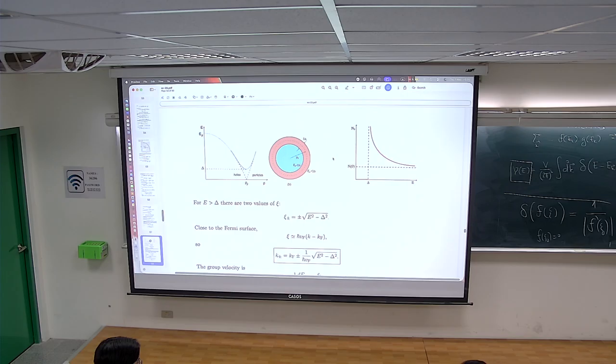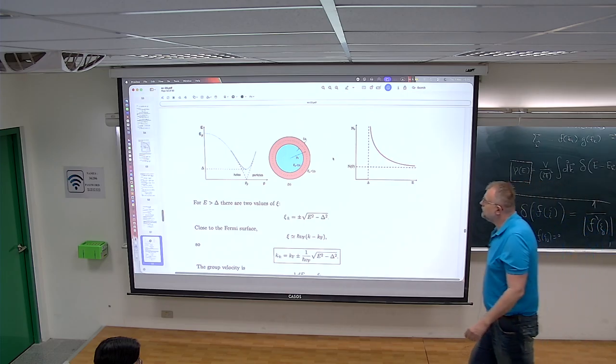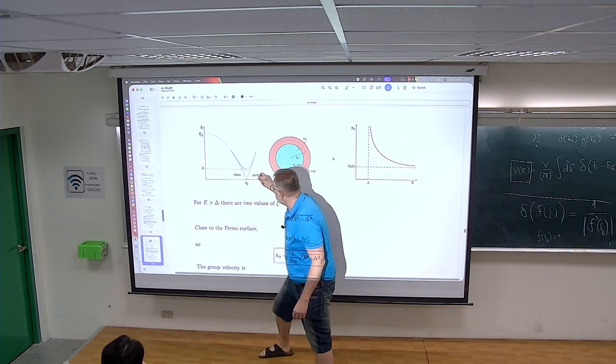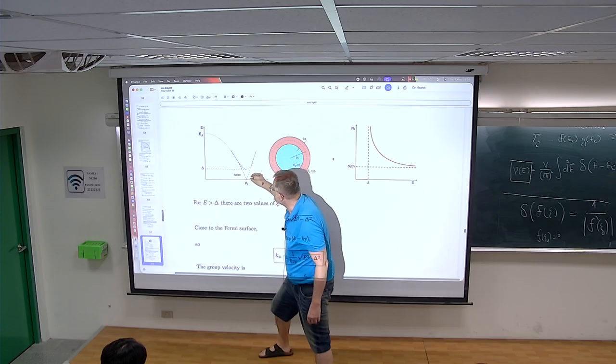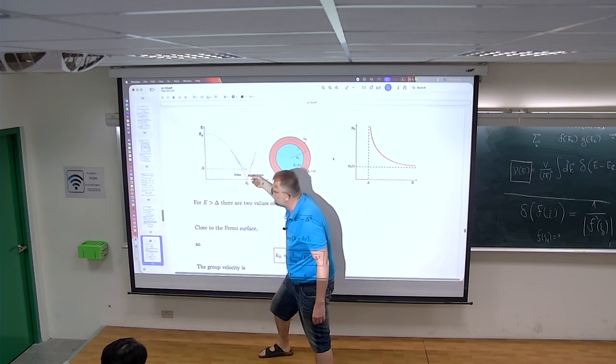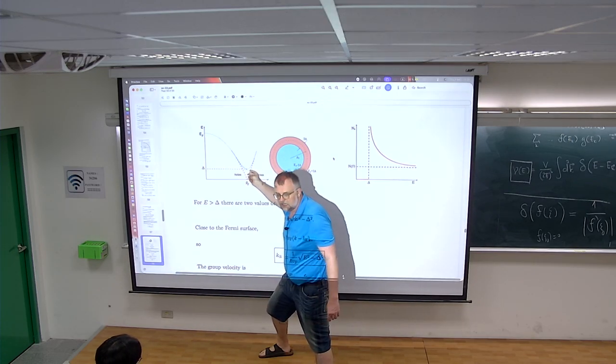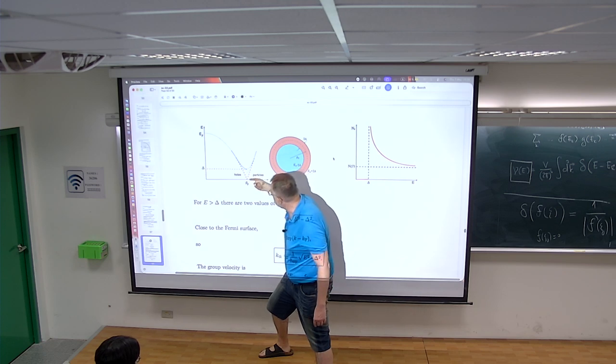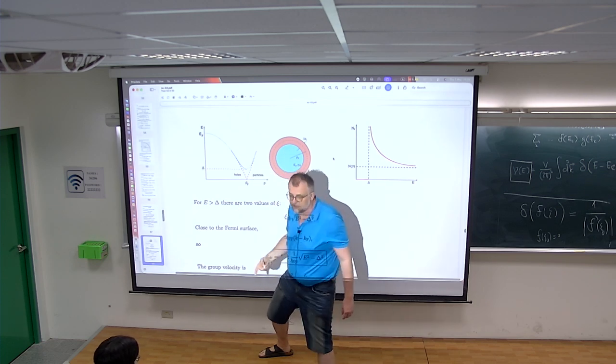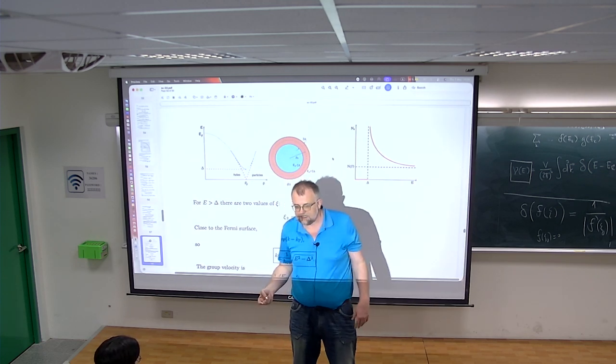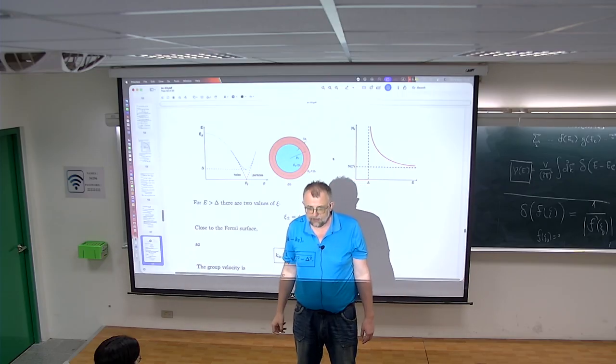So if the energy is not enough, the electron cannot go, because the electron has energy smaller than delta, so he cannot go because there is not a state he can go to. So you need to give the electron enough energy that he can tunnel. Electron is he, so I'm just saying he. Okay, hole is she. No.